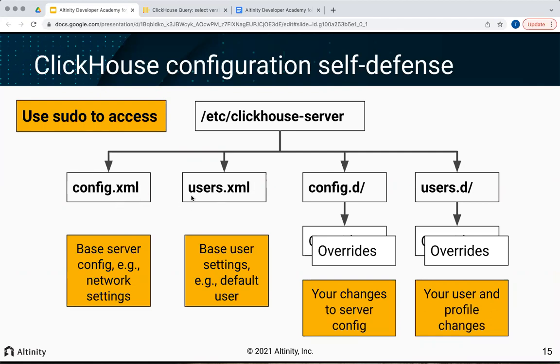If you change those files, the packages will not update them. They will just put the new file on the side, renamed. So we recommend not changing these files manually. Instead, you can put your overrides for the default settings in config.d and users.d respectively.